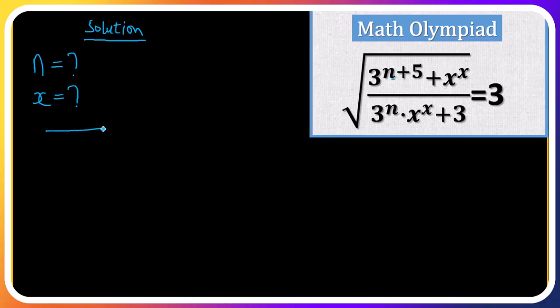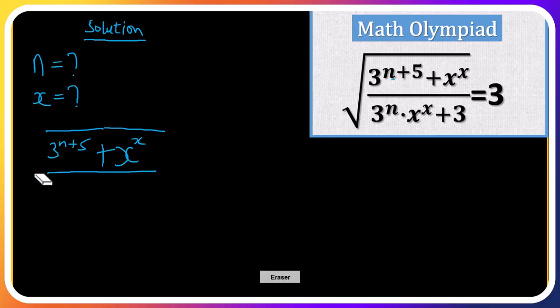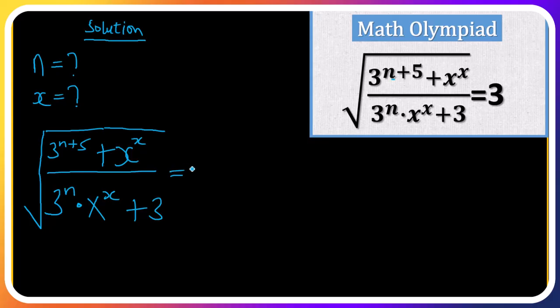So we have root of 3 raised to the power n plus 5 plus x raised to the power x, all on x raised to the power x plus 3 equals 3. So what we will do is we will square both sides, this squared, this squared.